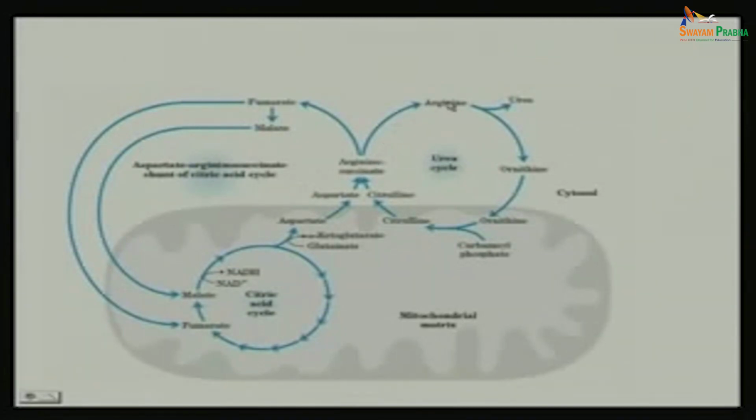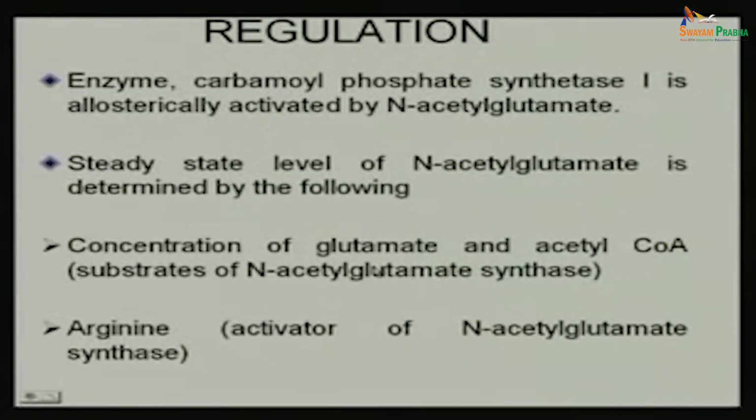Here this arginine which is produced is releasing urea, and ornithine is transported into the mitochondria, and this urea cycle is getting completed. This is all about urea.